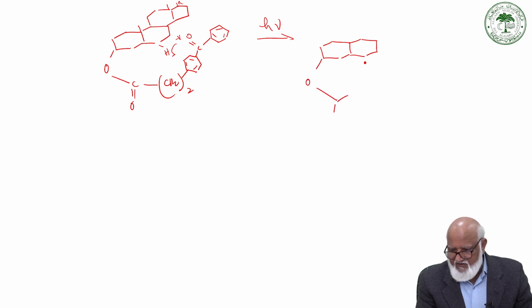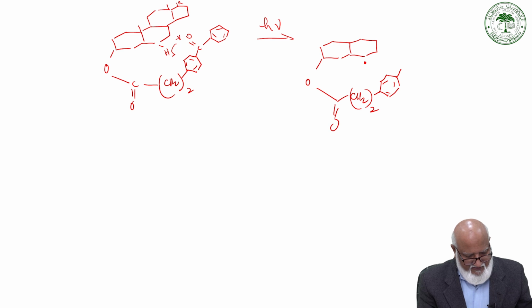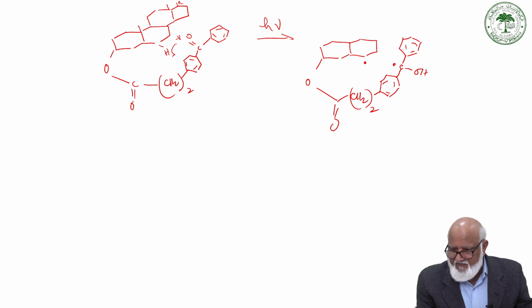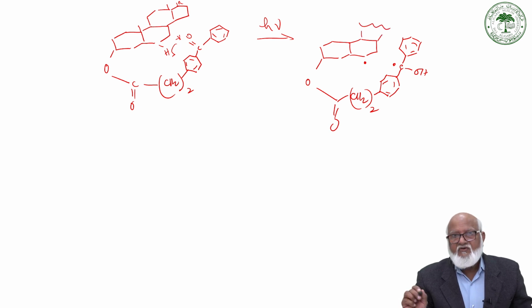So as usual, the other part CH2 twice, and then you have a ketyl radical, C radical OH, and then of course this is a part of the Stoichel system.